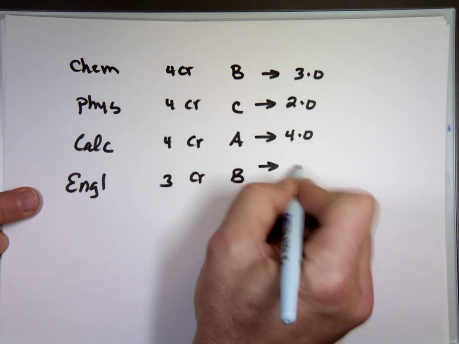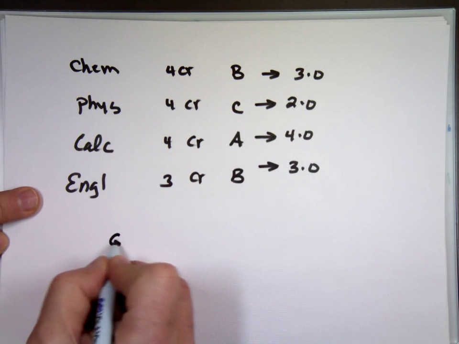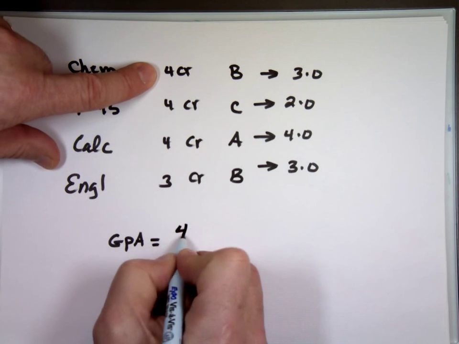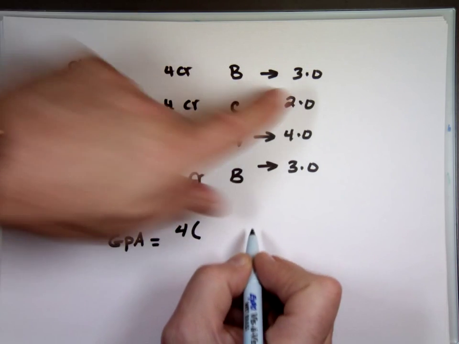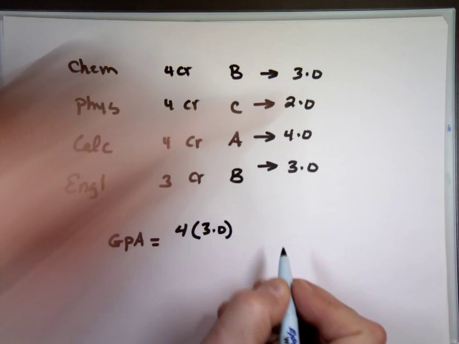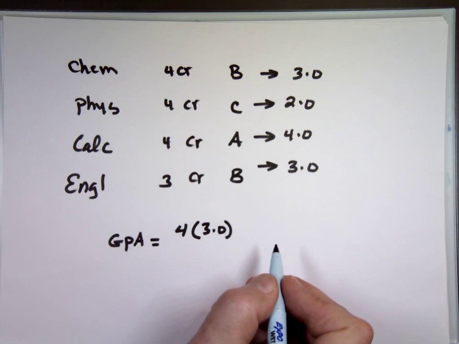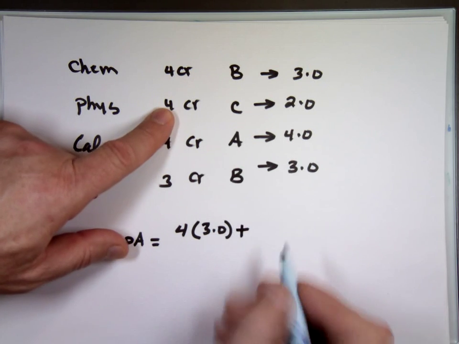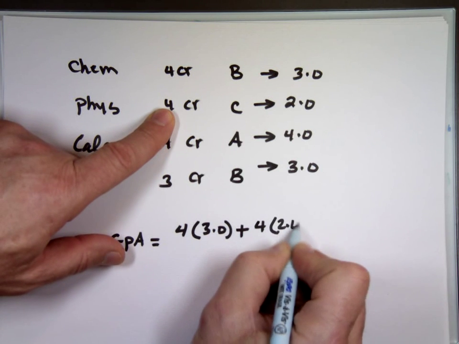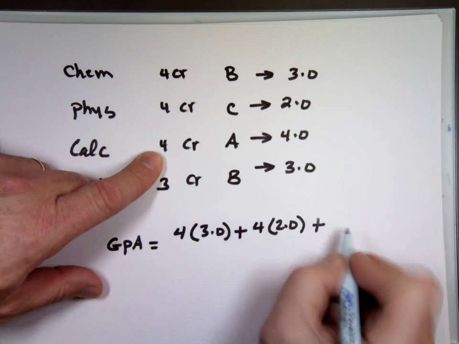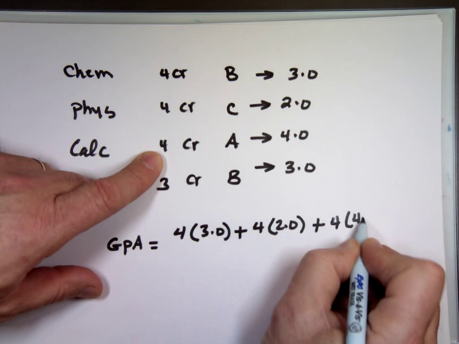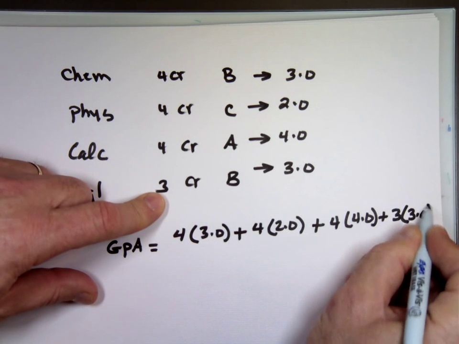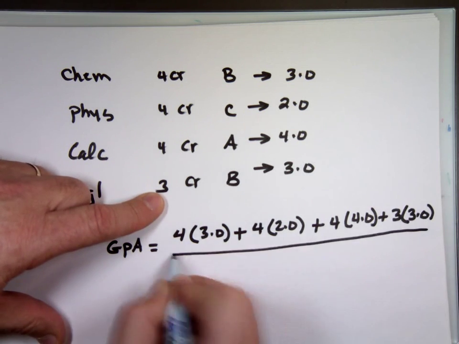So your GPA for this semester is going to be what? 4 times 3.0, plus 4 times 2.0, plus 4 times 4.0, plus 3 times what? 3.0, divided by the number of credits that you have taken, which is what? Is that 15 credits this semester?